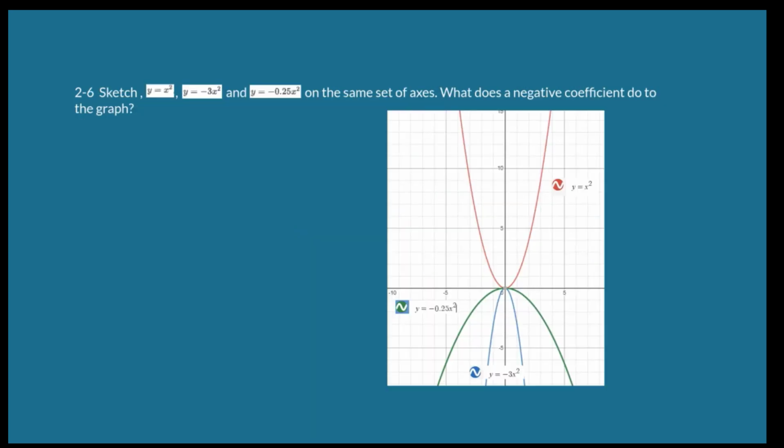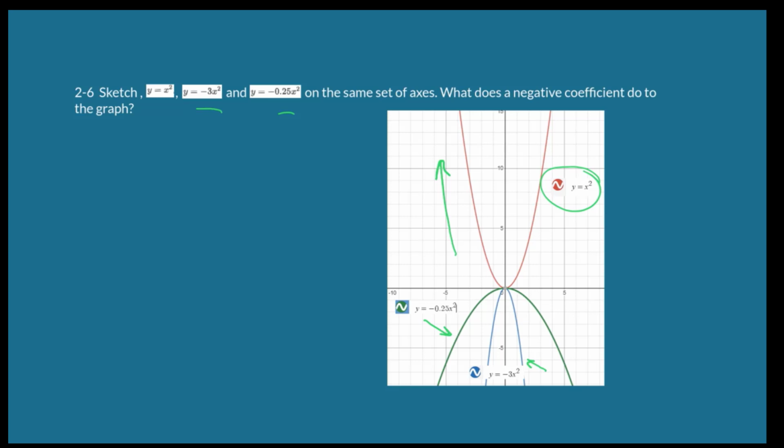Okay, so 2-6 isn't going to take long to talk about. You see where we have the first graph is here. And then we have the -3x squared is the blue. And we have the -0.2x squared is the green. What you can tell here is when we have a positive coefficient on the x squared, our parabolas are going to open upwards, okay? But when we have a negative, which we have here, think about that.